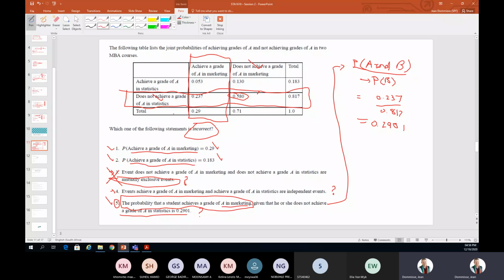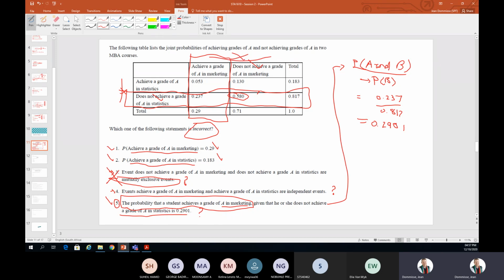It's different if they ask us about achieving a grade of A in statistics and not achieving a grade A in statistics or something like that. But when you have this cross tabulation, this one combined with that one will always happen.